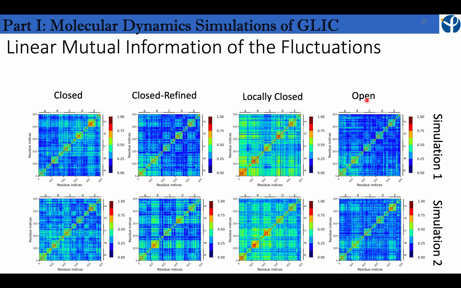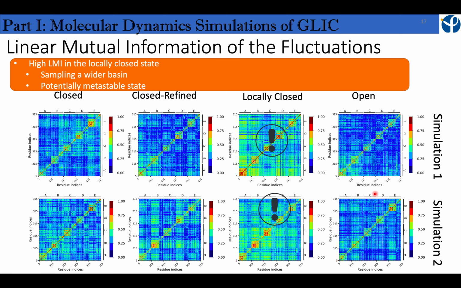The second one, even though it is not very clearly distinguishable, is that the open state is the lowest. So probably high LMI in the locally closed state can be interpreted as sampling a wider basin and potentially a metastable state.